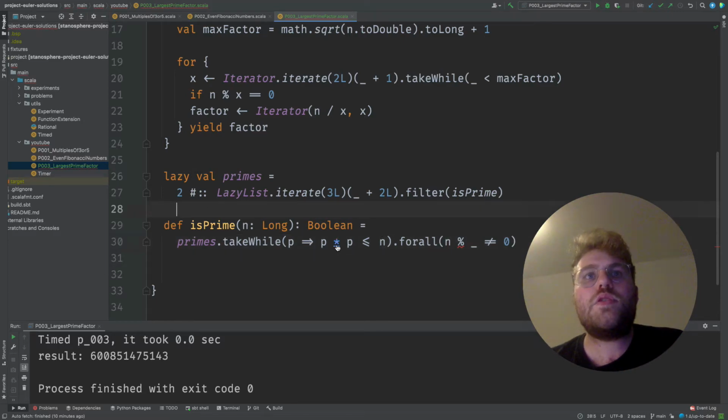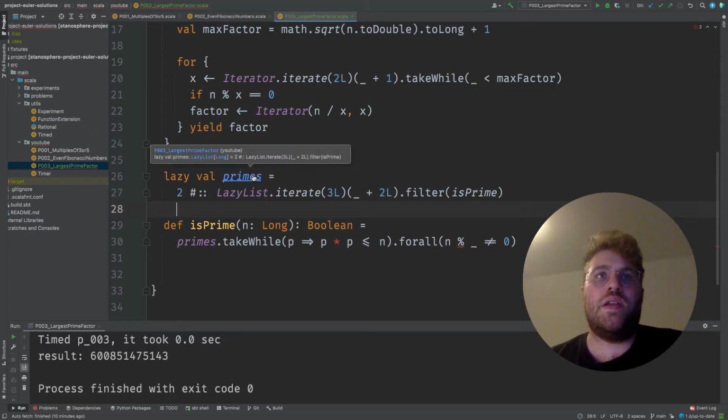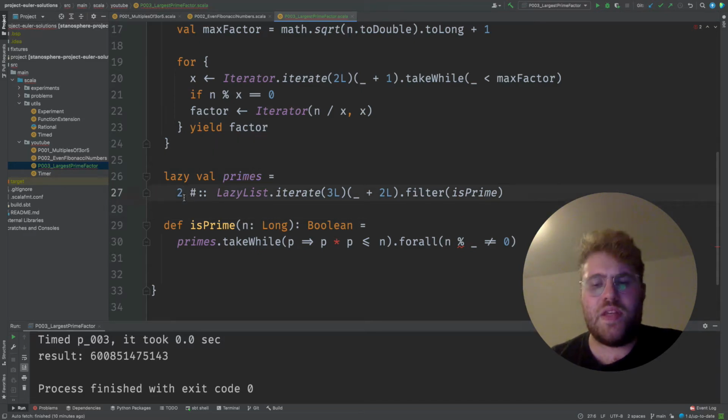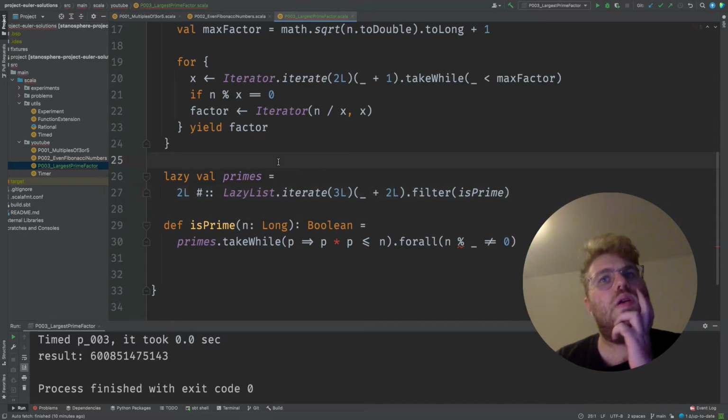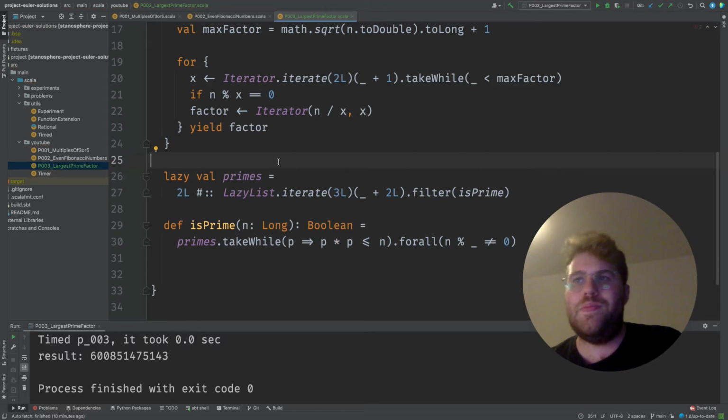And I'm really not sure why it's getting so upset about this, because takeWhile, prime... No, I know why it is. It's because this is going to be a lazy list of longs, but I think it's a bit confused because that's not a long. Yeah, there we go. Problem solved.